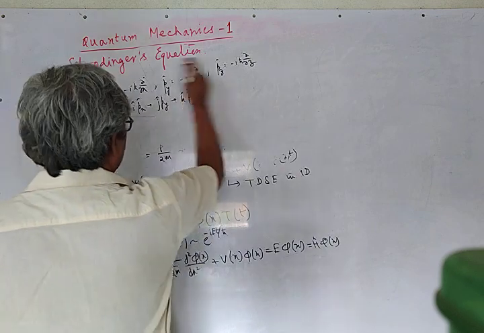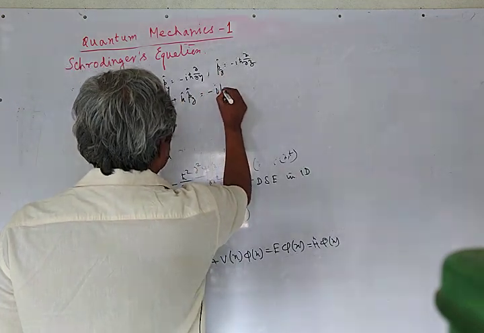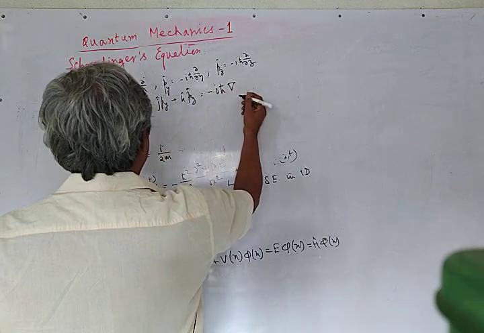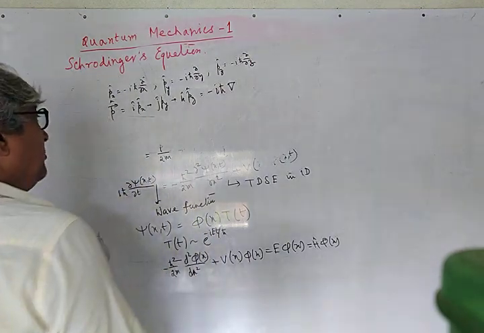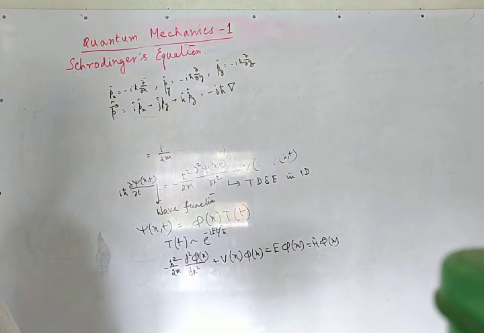Combining these, it is minus iħ nabla. This is the three-dimensional momentum operator.